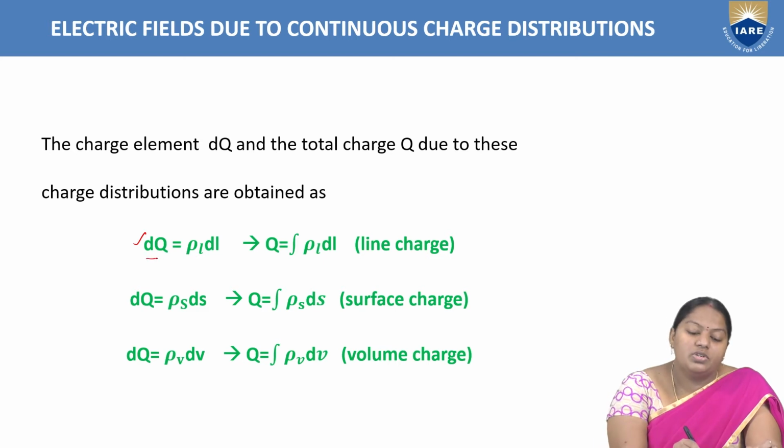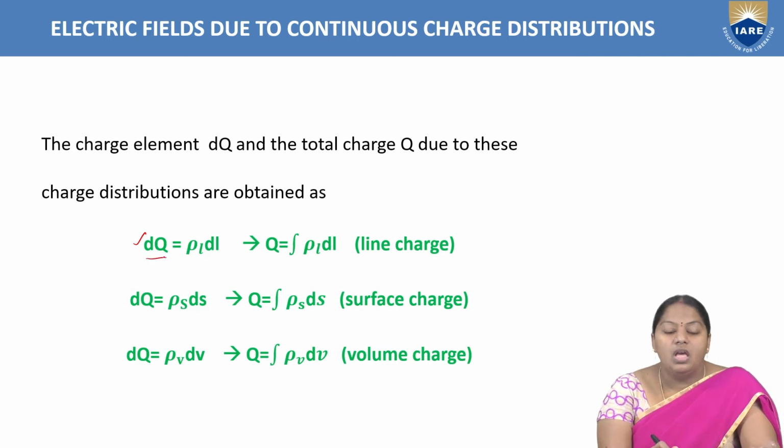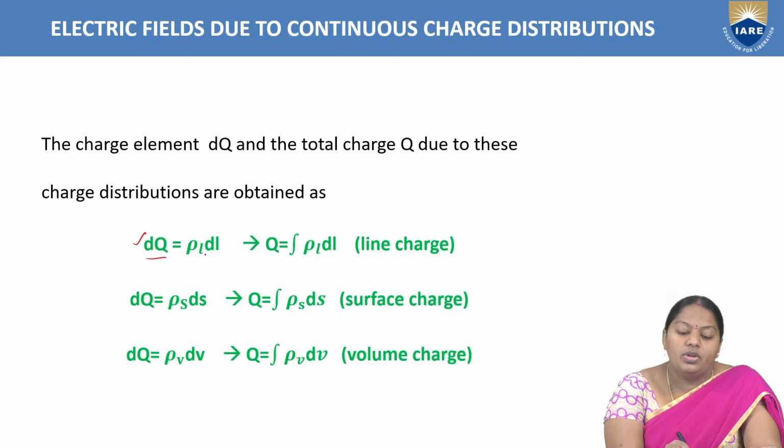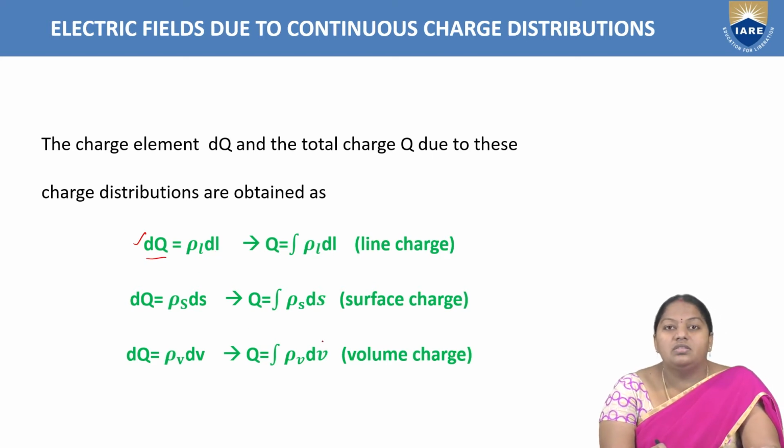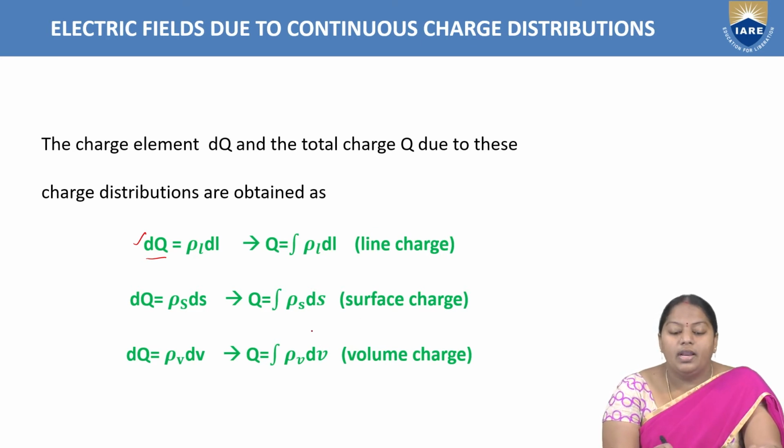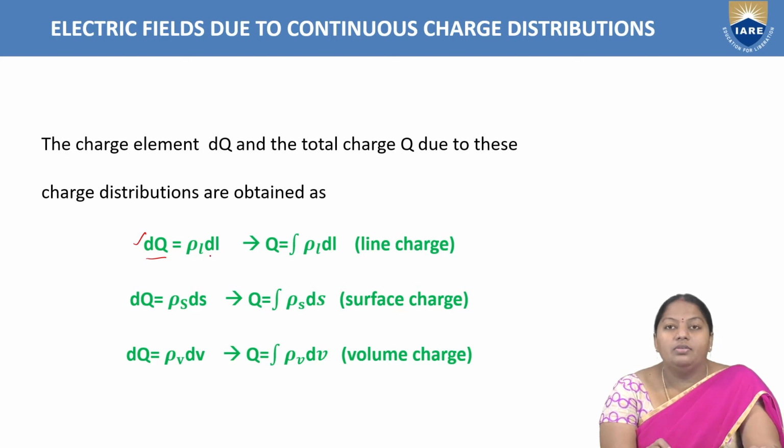The differential element of charge for a line is dq equal to rho L into dl, where rho L is the line charge density and dl is the displacement length along the line.